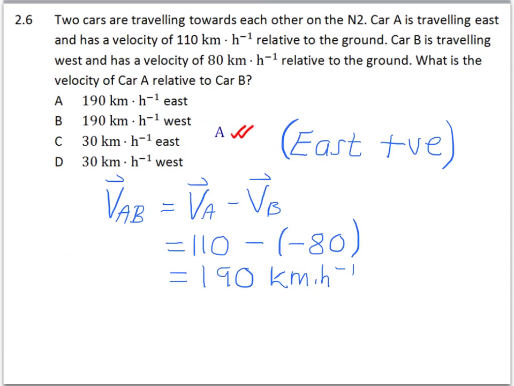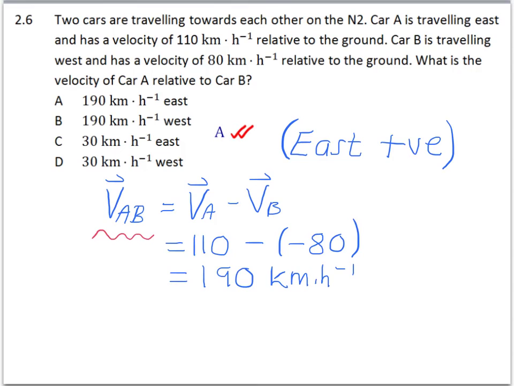The relative velocity between A and B, that's how you read this quantity on the left, is equal to the velocity of A minus the velocity of B. The velocity of A, using east as the positive direction, is positive 110. The velocity of B, because car B is traveling at 80 kilometers per hour west, will be negative 80.